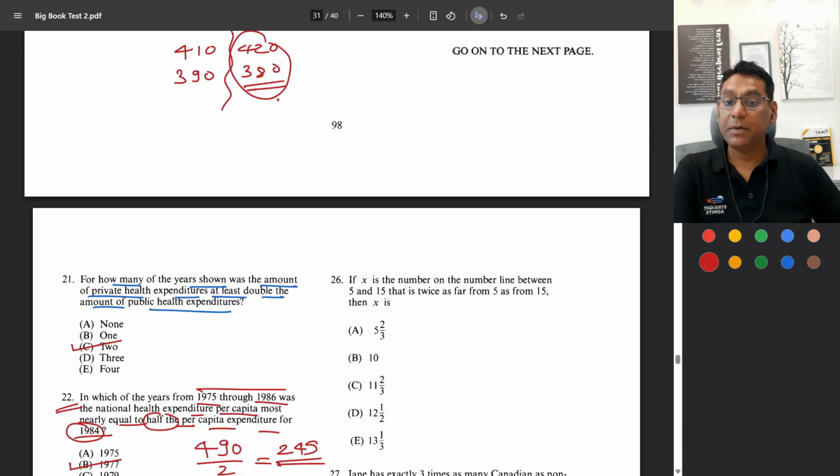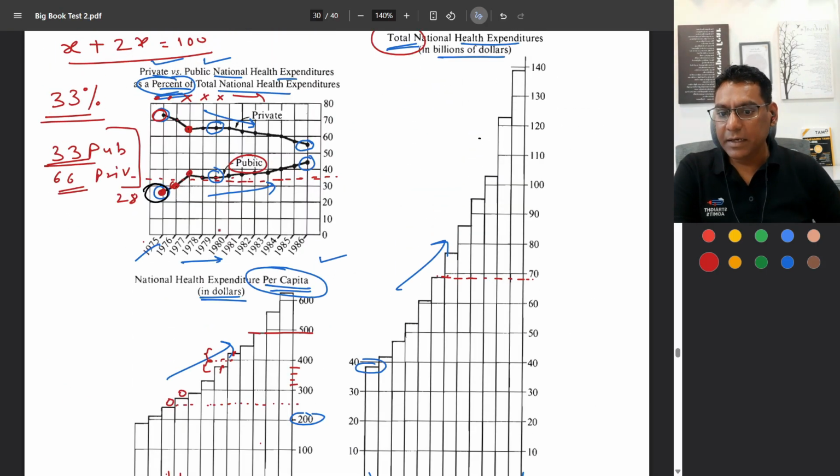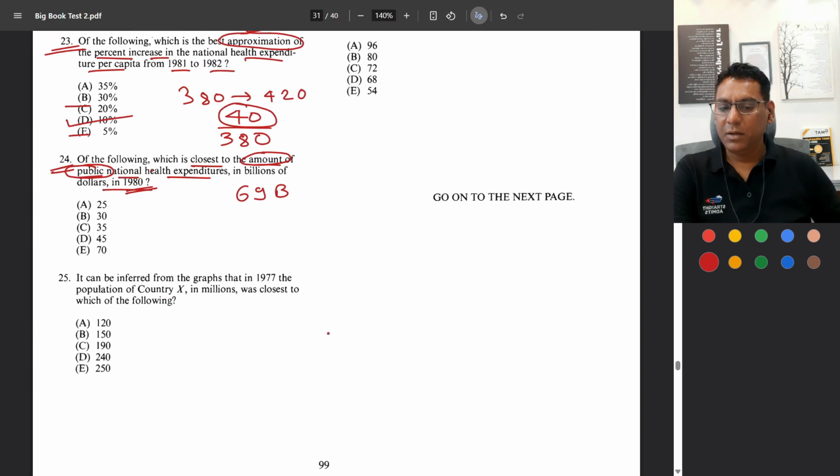What was the public percentage in 1980? The 1980 public percentage was this. What is that number? Something like 38% or something, right? Okay, 35 to 38. I don't know exactly, but let's say 35%.